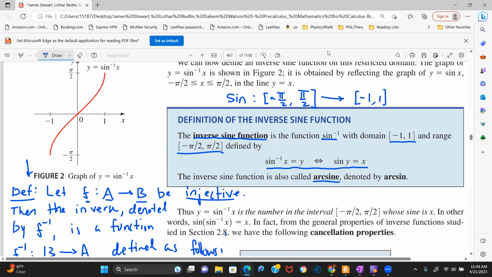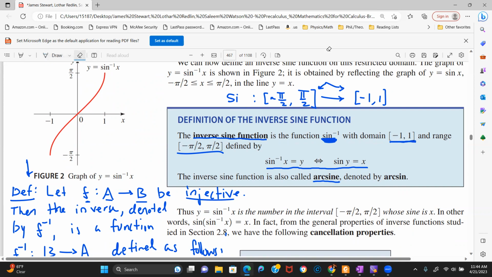And so now the inverse is denoted by this, and to get the domain and the codomain of the inverse, you swap these sets. So now the domain of sine inverse is negative 1, 1, which is the range of sine.